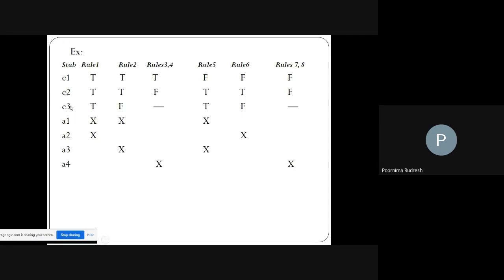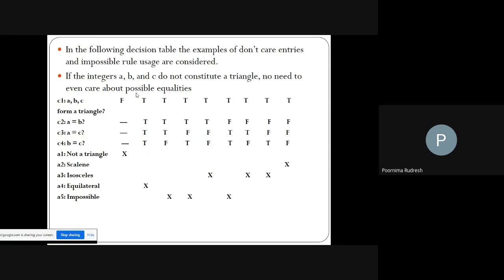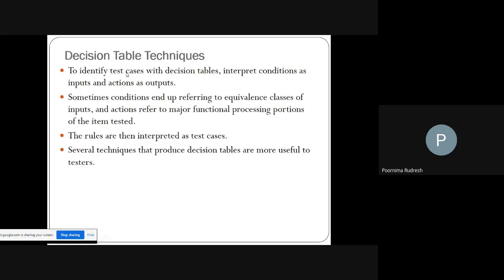Here we have the conditions and the actions, and for the analysis we represent the conditions, that is C1, C2, C3, as the inputs and the actions, A1, A2, A3 and A4, as the outputs.